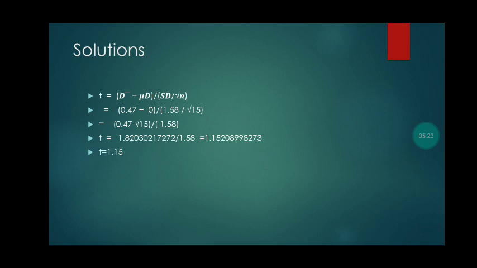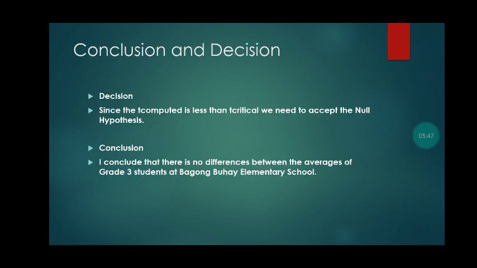On the calculator, we get 1.8203201727. Then we divide again by 1.58, that would be 1.15208998273, or your T computed rounded off is 1.15.